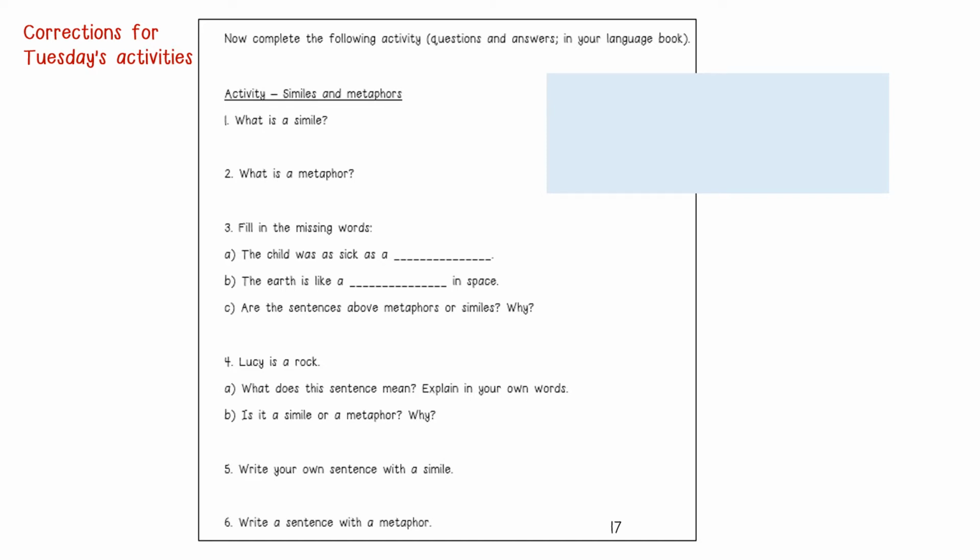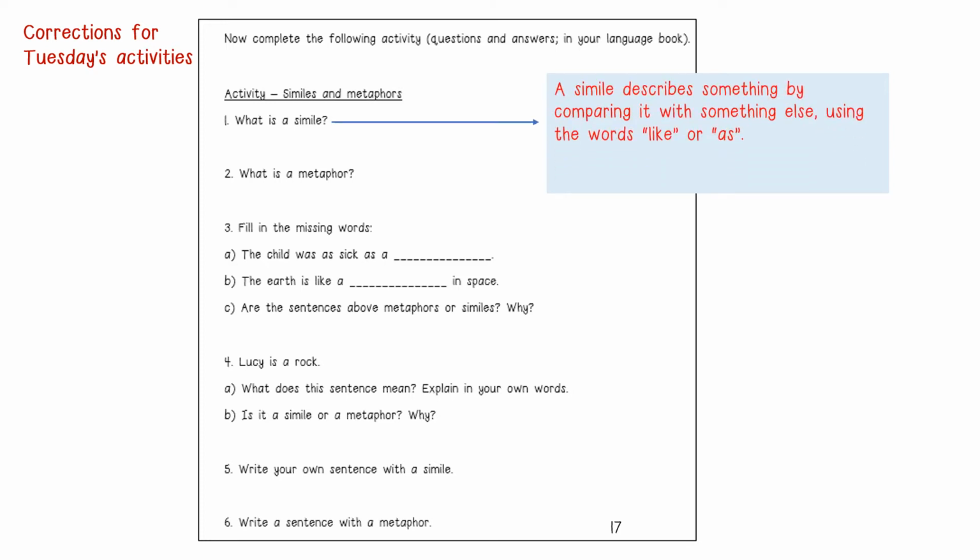Then you had to complete the language activity on page 17 of your work pack. It says, number 1, what is a simile? So a simile describes something by comparing it with something else, using the words like or as.